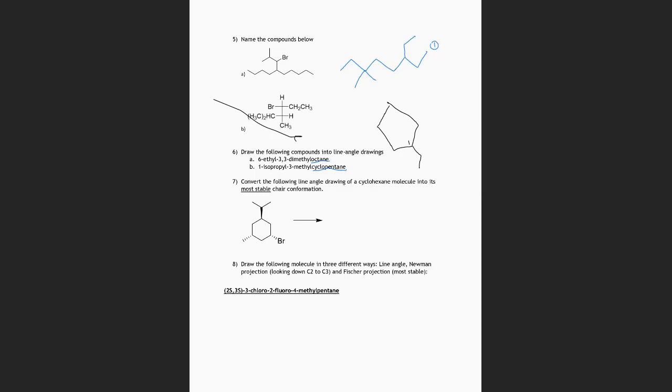So this will be the 1 position. And so we'll go 1, 2, 3, a methyl right there. A lot more simple than just going the other way around. Okay, does that make sense for everyone?